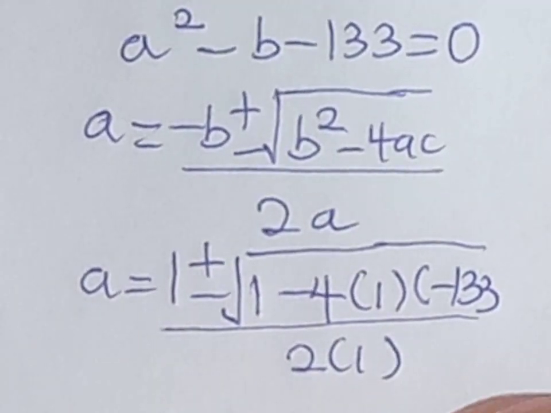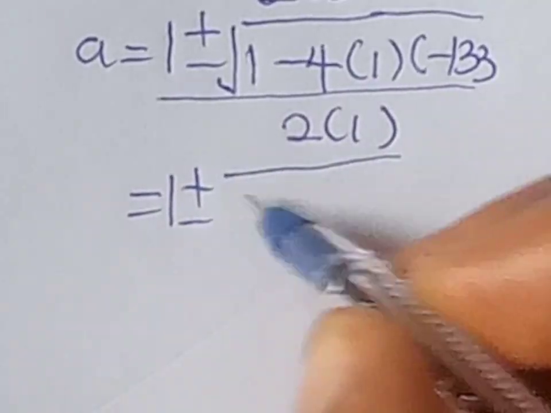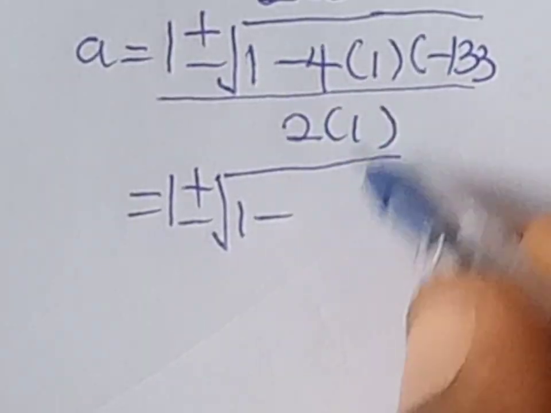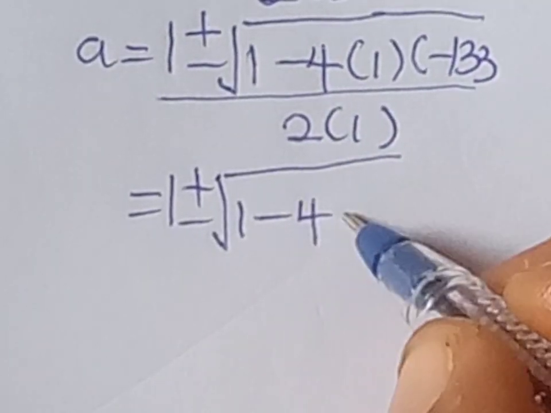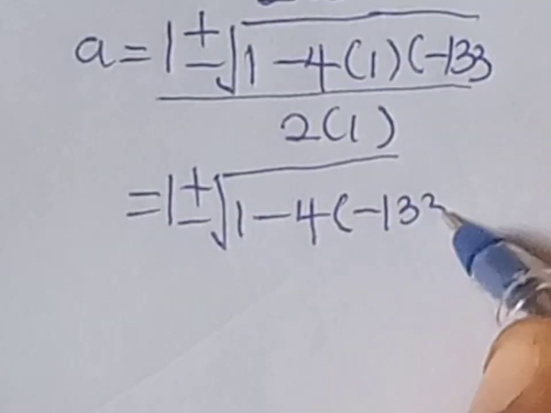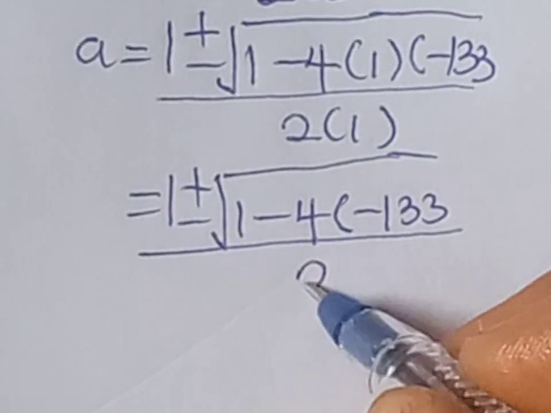So our a now becomes what? 1 plus or minus square root of 1 minus 4 times 1 times minus 133, divided by 2 times 1, which will give us 2.